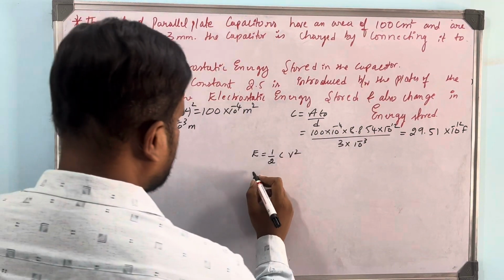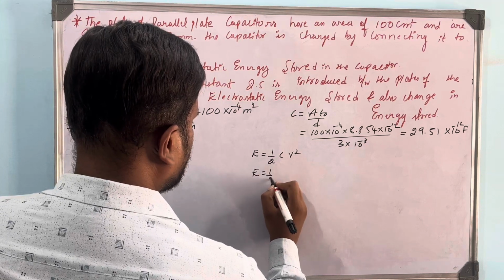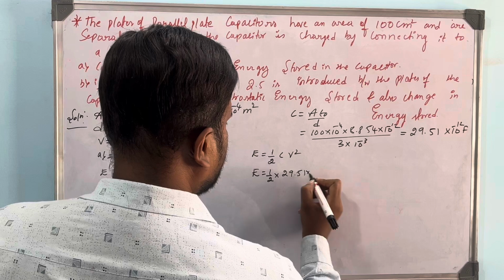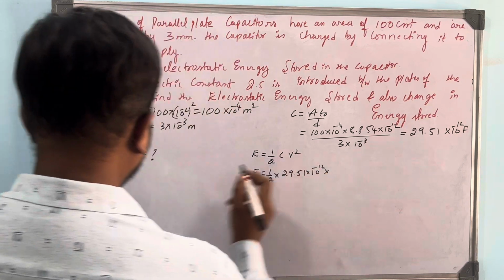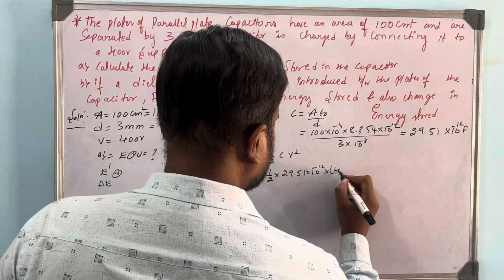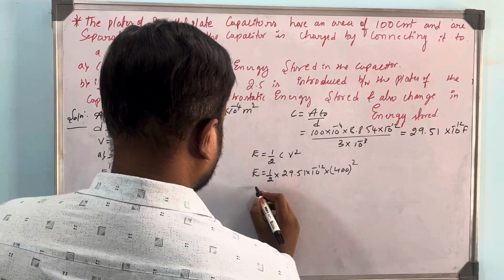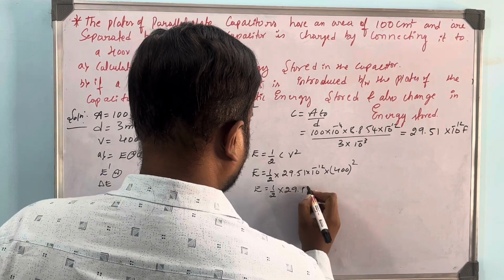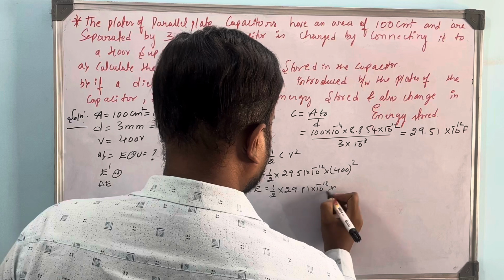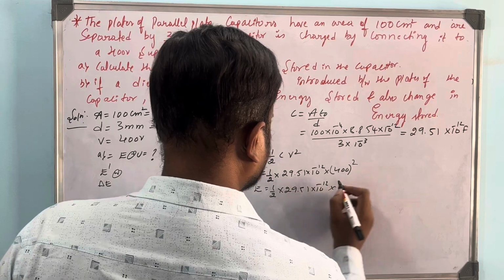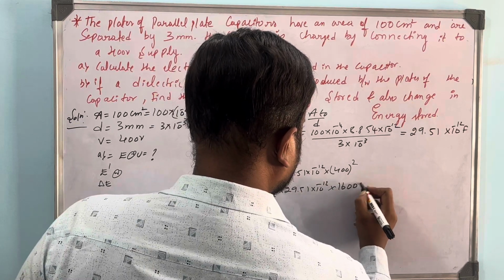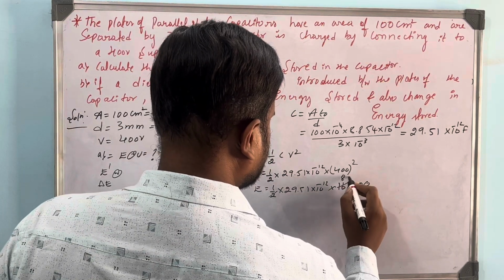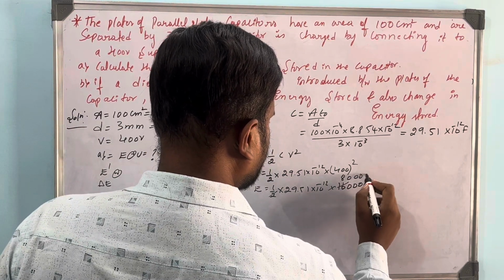Now substitute here. E is equal to half into C, which is 29.51 into 10 to the power of minus 12, into V square. What is V square? V is 400, square. So E is equal to half into 29.51 into 10 to the power of minus 12 into 400 square, which is 160,000.